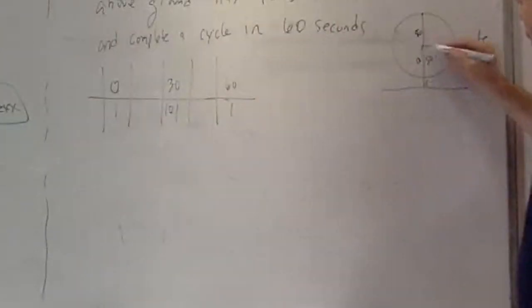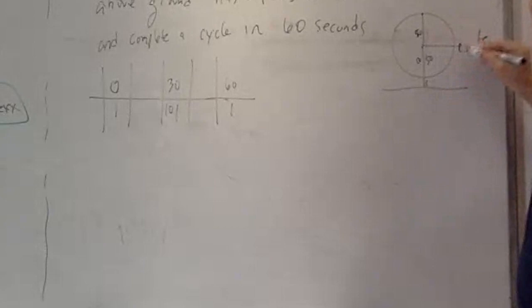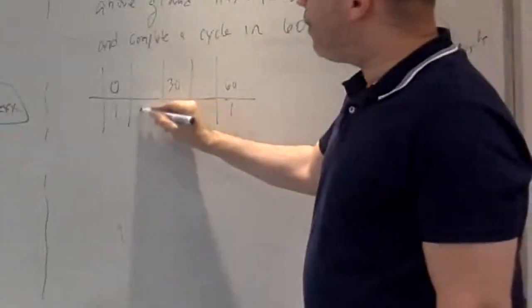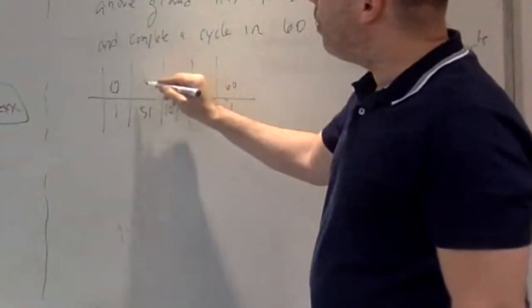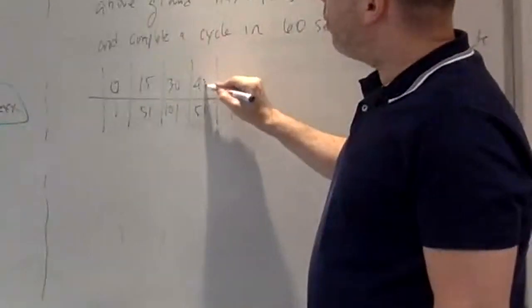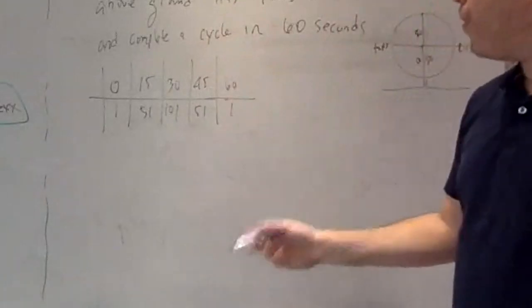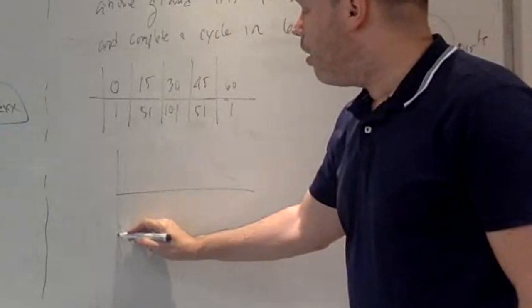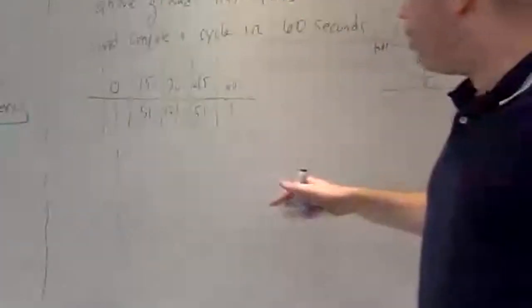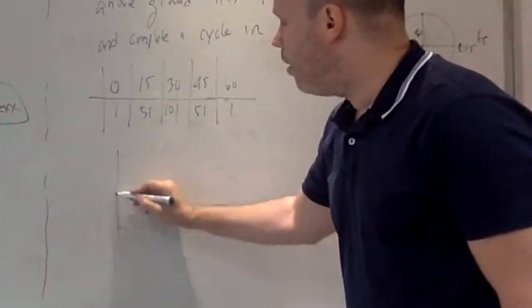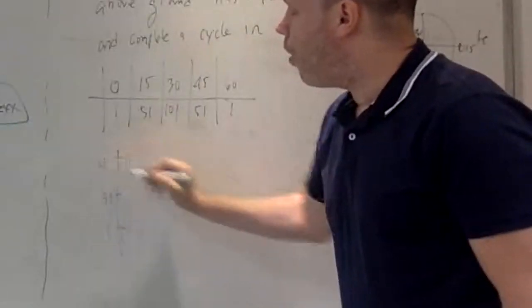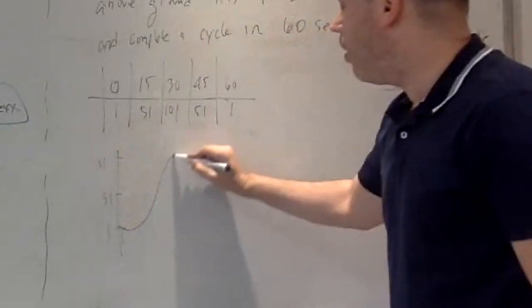And then what happens at t equals 15 or t equals 45? You're at 51. That's how to make a chart, and then you look at your graph, and maybe you have 1, 51, 101.